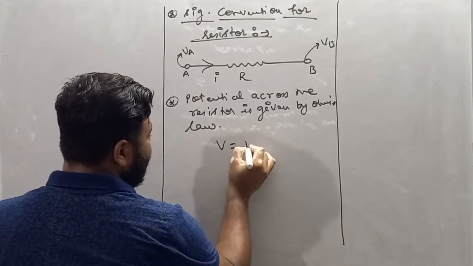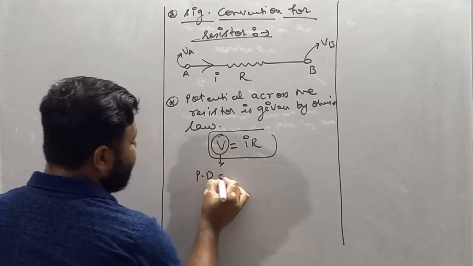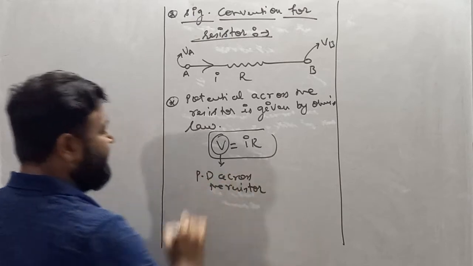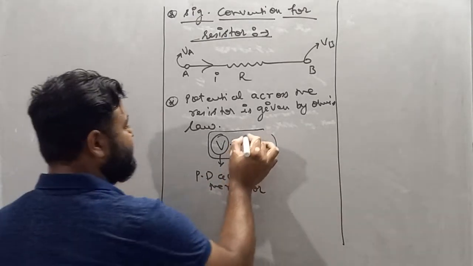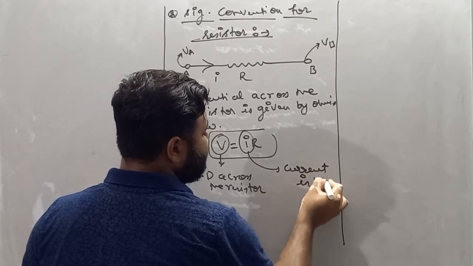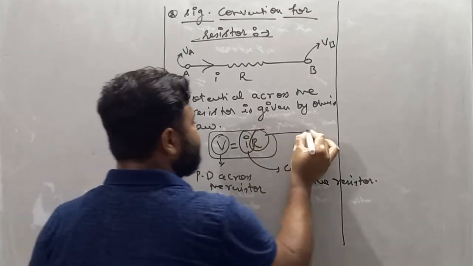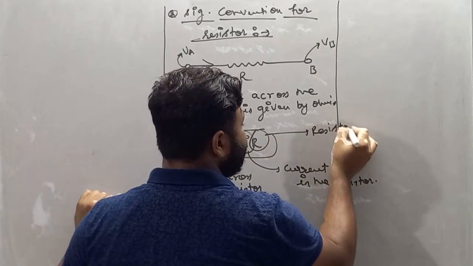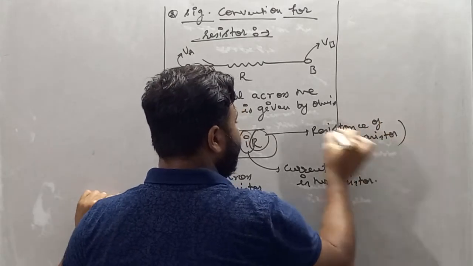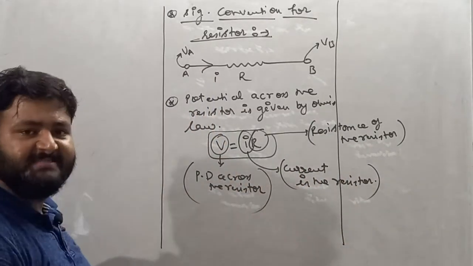Ohm says V is equal to IR, where V is the potential difference across the resistor, I is the current in the resistor, and R is nothing but the resistance of the resistor.